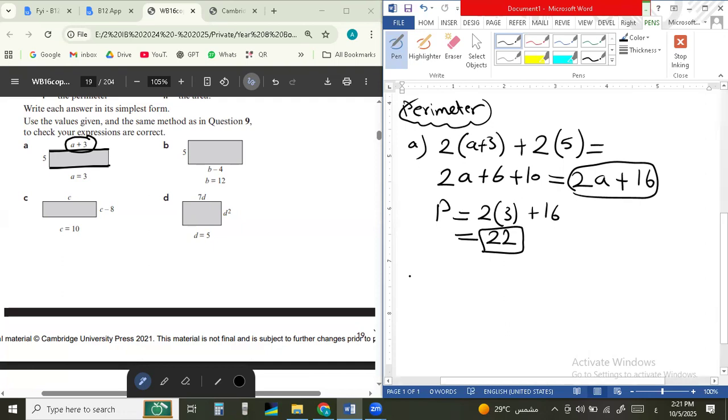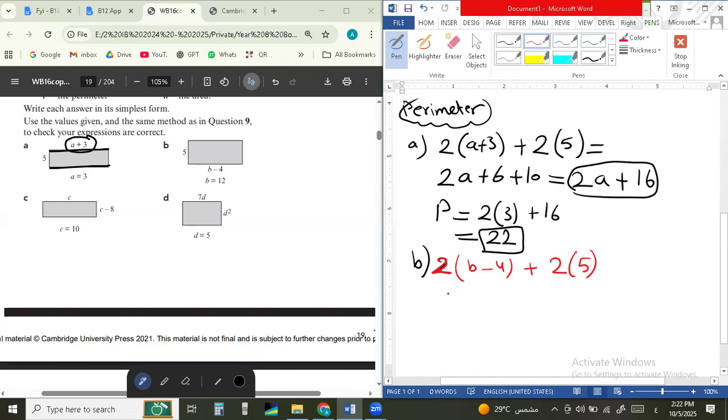Okay, next, B. We're going to get back to the area at the end because they wanted the area as well. Question B. Same thing exactly. They're saying it to you, double the length, which is b minus 4, plus double the width, which is 5.